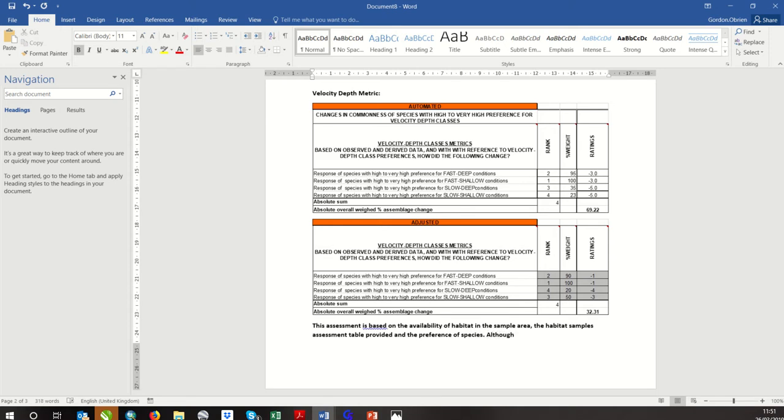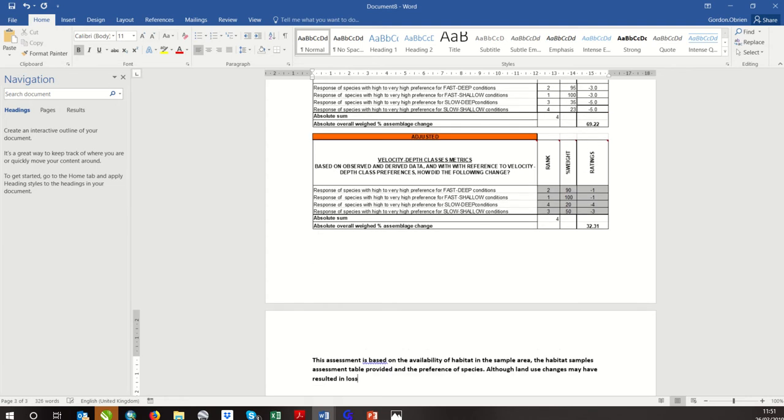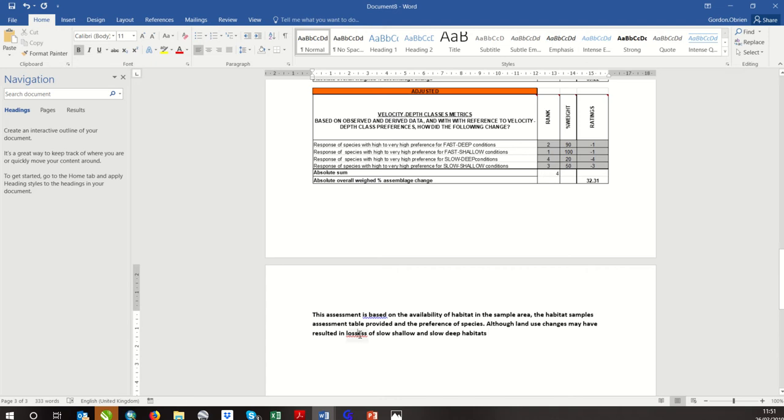Although land use changes may have resulted in losses of slow, shallow, and slow, deep habitats, there has been no noticeable increase in the abundance of species preferring fast habitats.